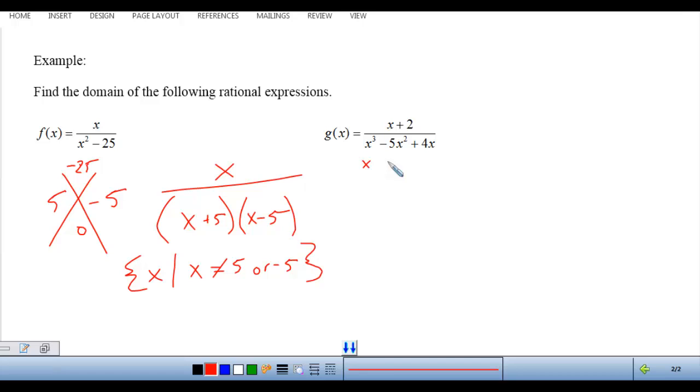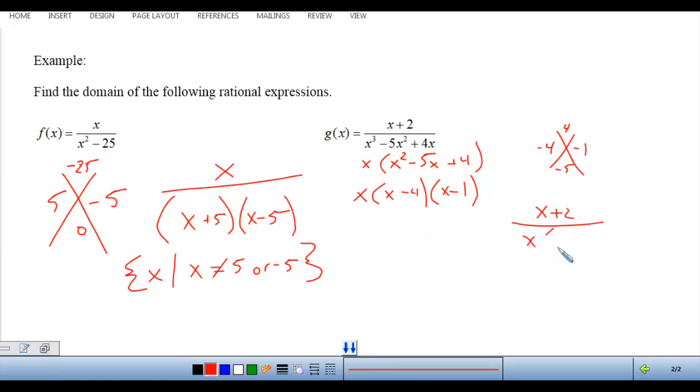Second one here, I'm going to go ahead and factor out the x. And I'm going to factor out the quadratic there. So I get x times x minus 4 times x minus 1. So again, my domain restrictions are going to be anything that makes that 0.